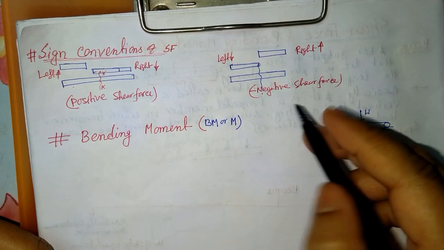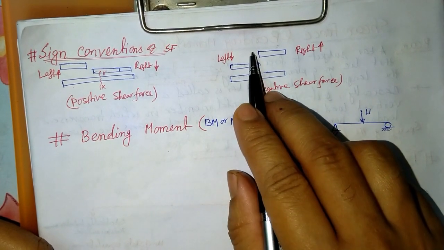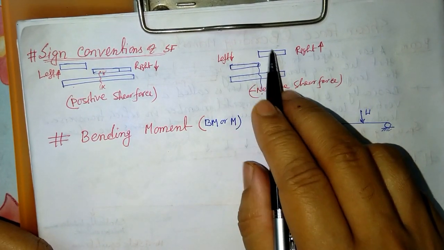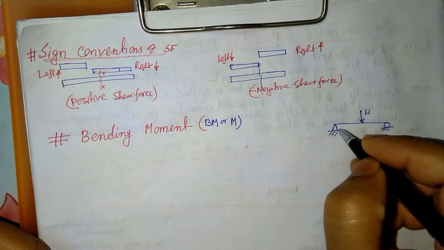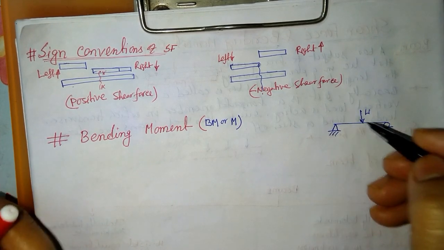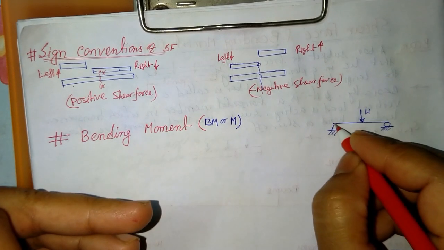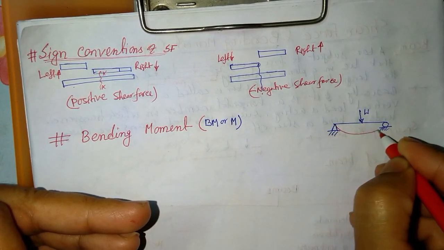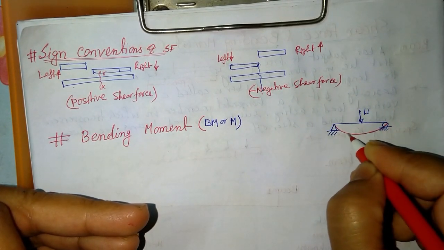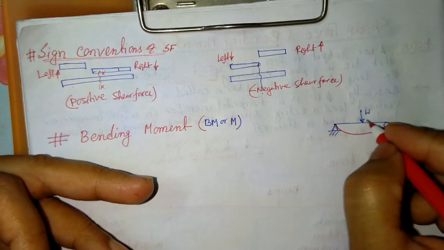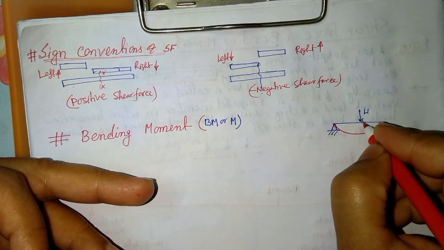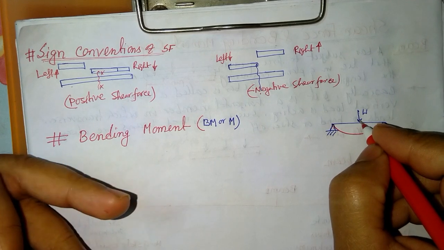We have already seen shear, with the left portion going down and the right portion going up. Similarly it can bend, like this. So how do we define the bending moment?